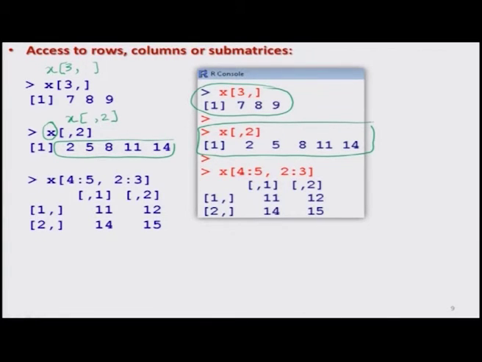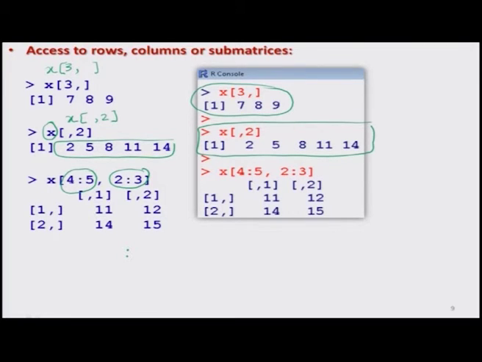Right. And suppose you want to have a subsection of a matrix. Suppose, just for the sake of understanding, I am trying to take the 4th and 5th rows and the second and third columns. The meaning of the symbol colon is simply from and to.